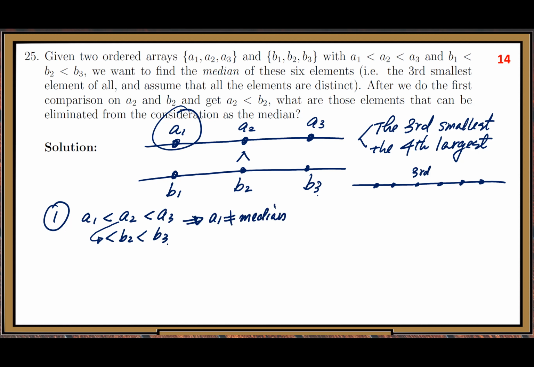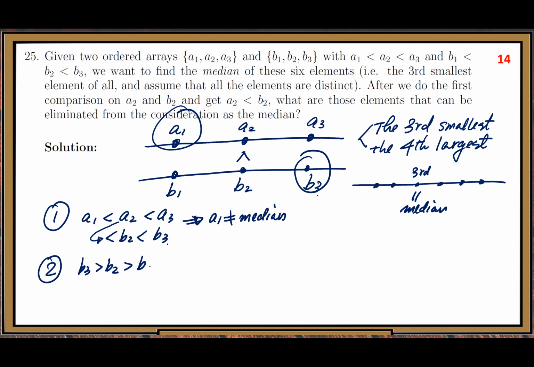Because this is the median. Second, look at B3. B3 is greater than B2, which is greater than B1.